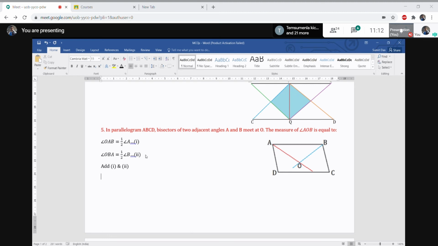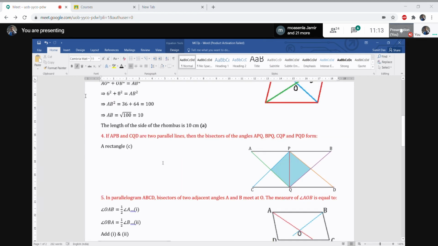If you add 1 and 2, what will we get? On the left hand side we get this one plus this one, which is equal to half of... fine.